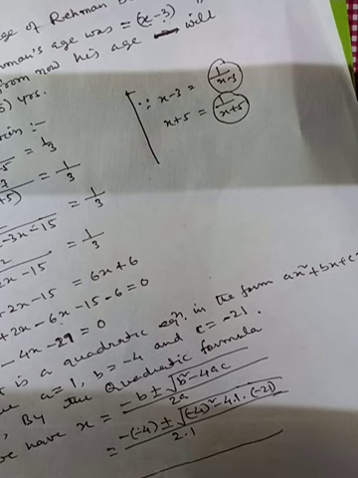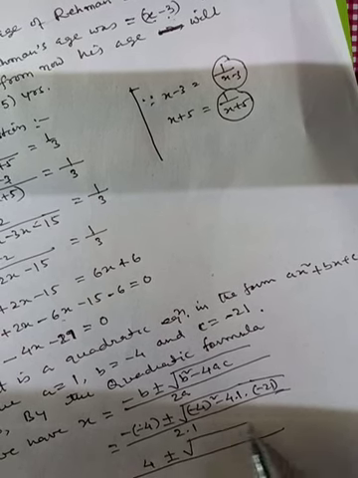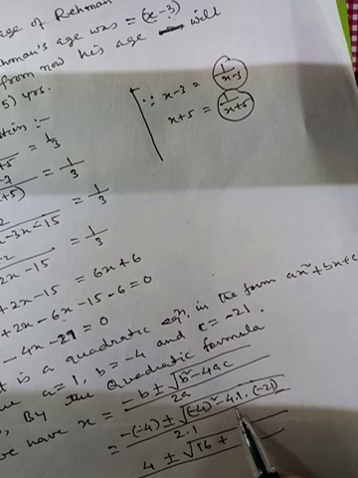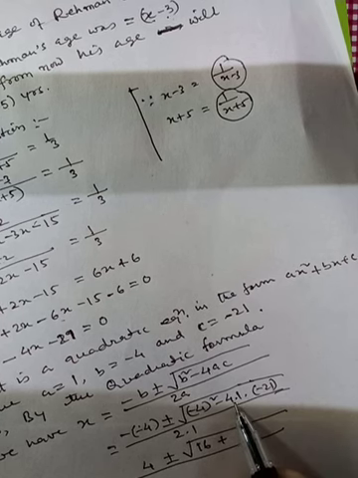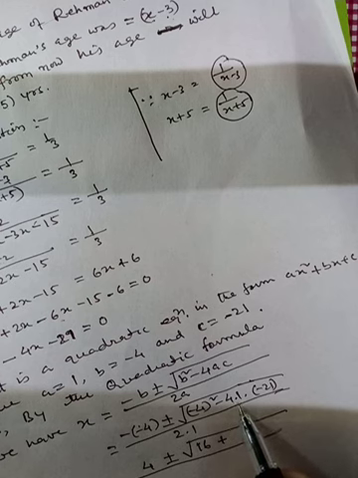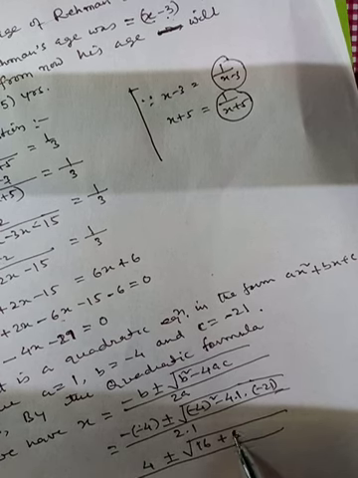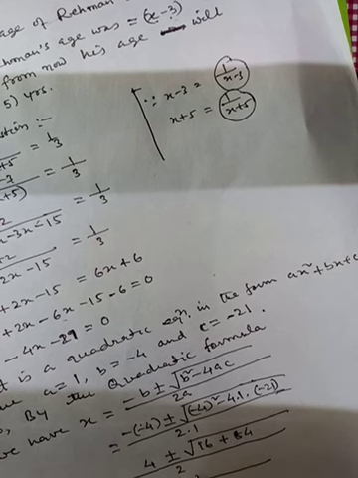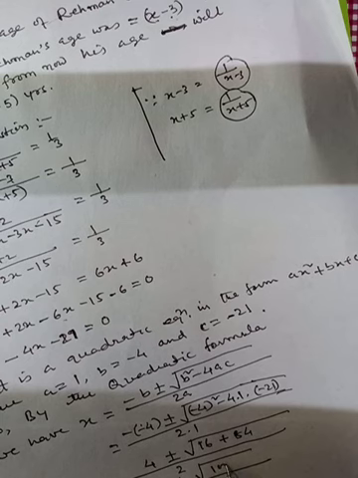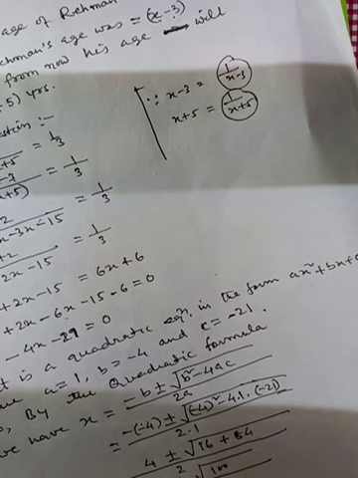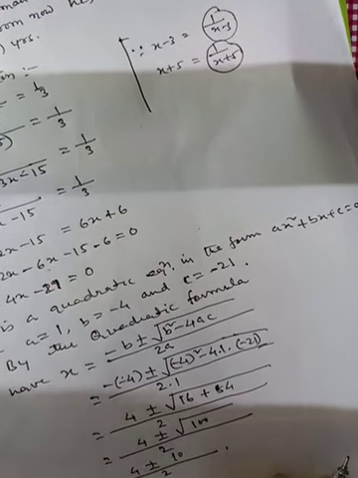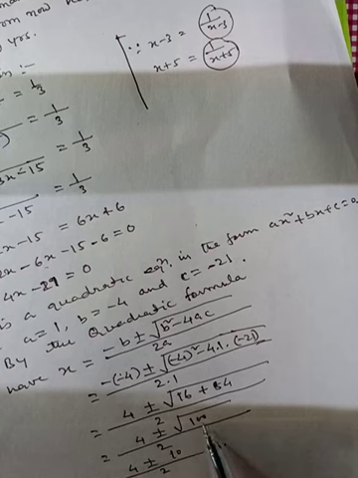So this will be 4 plus or minus the square root of 16 plus 84, since 4 into 21 is 84, divided by 2 into 1, which is 2. Therefore 4 plus or minus the square root of 100 by 2, and the square root of 100 is 10.